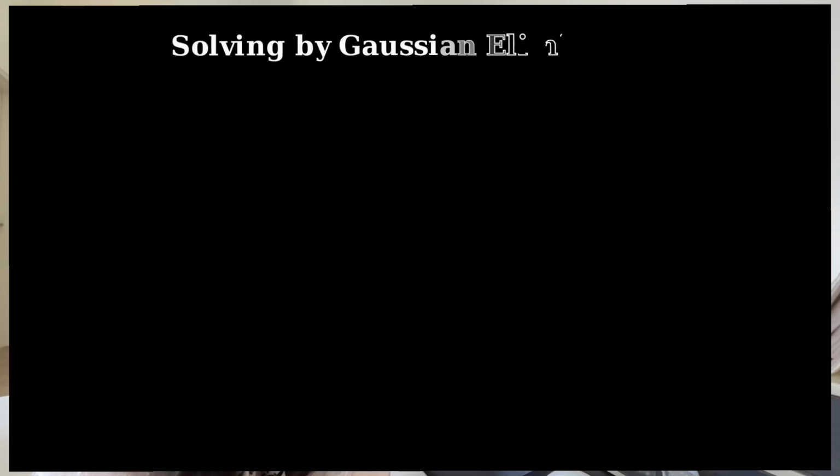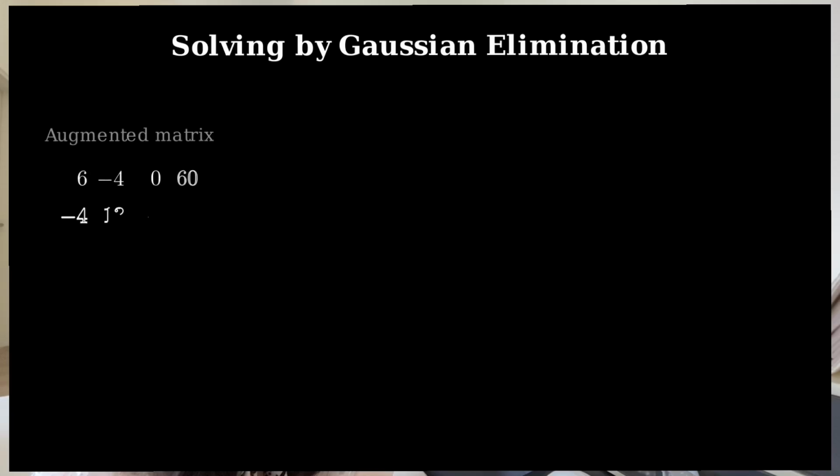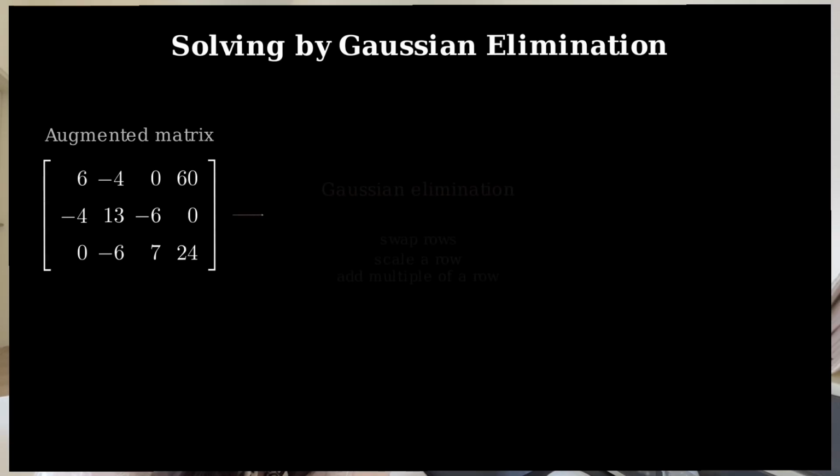Next, we solve the system using Gaussian elimination. We start with the augmented matrix. Gaussian elimination uses elementary row operations. These include swapping rows, multiplying a row by a non-zero constant, and adding a multiple of one row to another row. These operations do not change the solution.